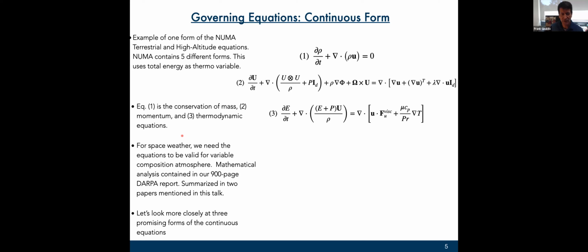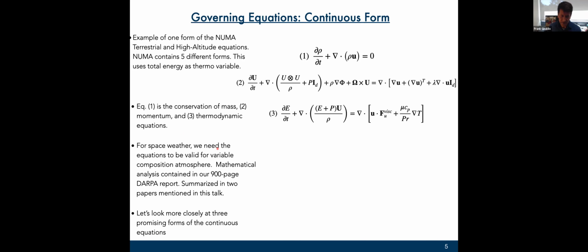For space weather, though, you have to be very careful, right? Because you have to make sure that the equations that you use are valid under variable composition atmospheres, meaning that the gas constants change. They're functions of space and time, for example.